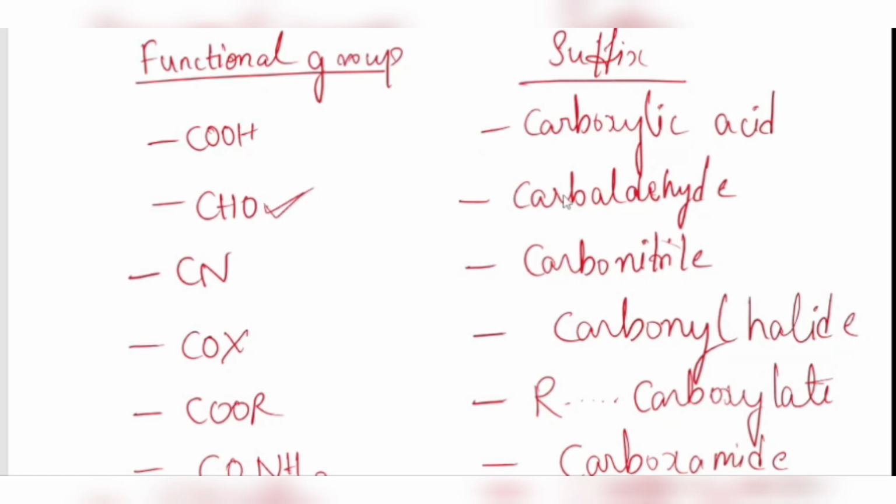For aldehydes, carbaldehyde is the suffix. For nitrile, we use carbonitrile, and for acid halides, carbonyl halide. For esters, we use R, whatever the group name is, and carboxylate. For amides, we use carboxamide.